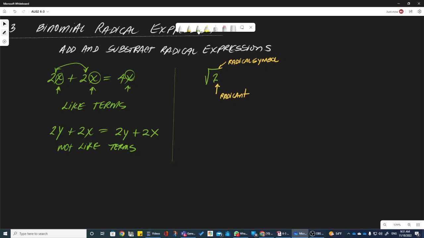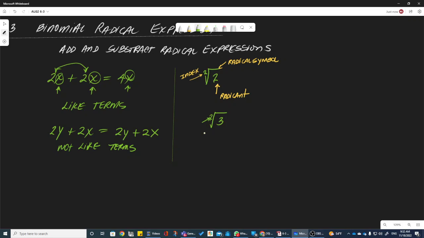And every radical symbol has a number. That number is called the index. Okay? If you don't see a number, you have to assume it's 2.